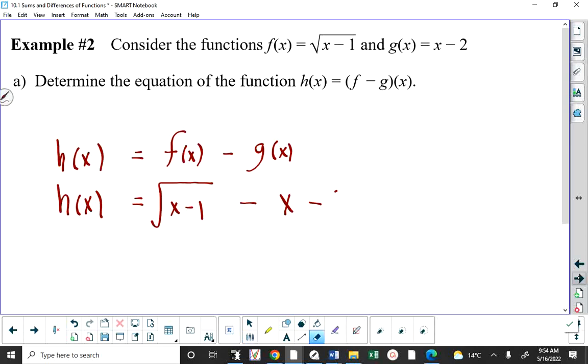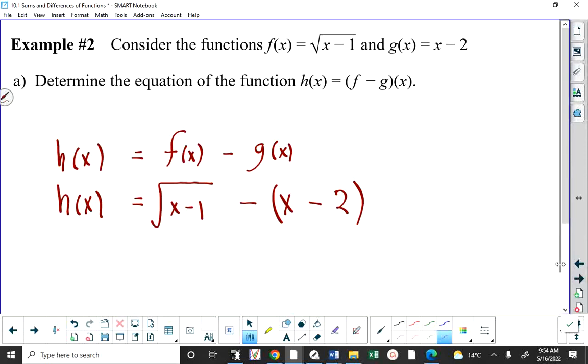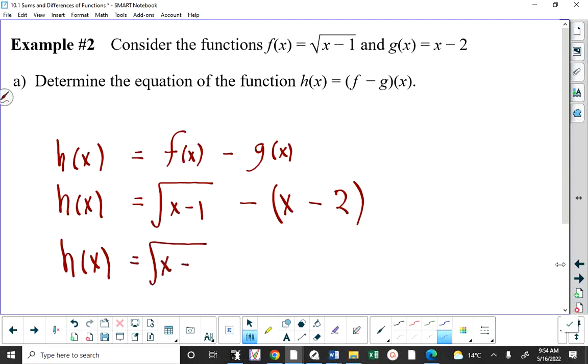And it's the standard practice in high school math, and math in general, I suppose, that you simplify things. If you don't need the brackets, don't write them. Now, just a second, don't misinterpret what I'm saying. We need to write them here. But do we need to write them in our answer? No. What we can do is write this as h of x equals root x minus 1 minus x plus 2. So I can distribute that negative in here.